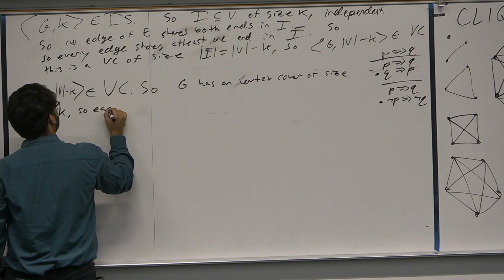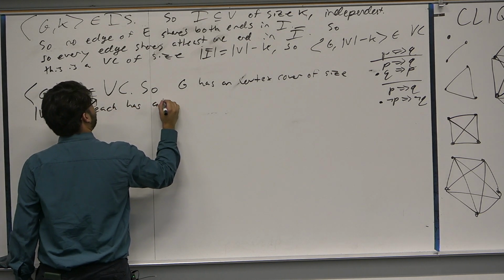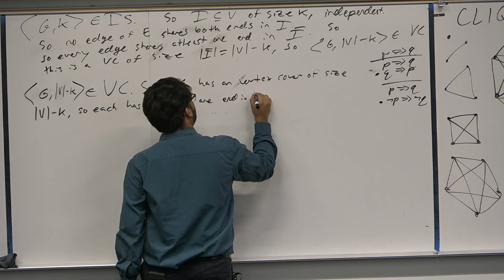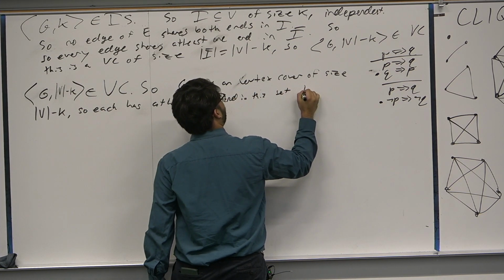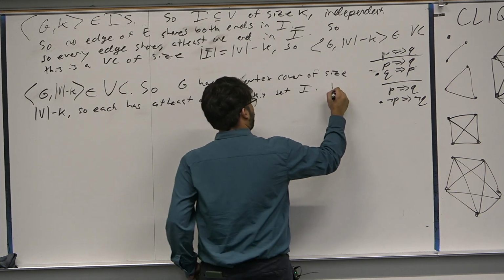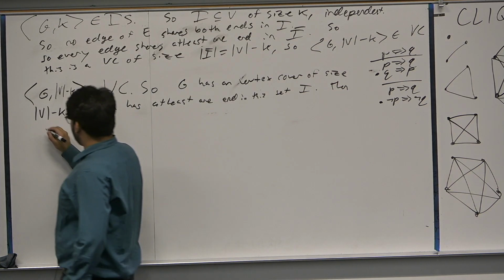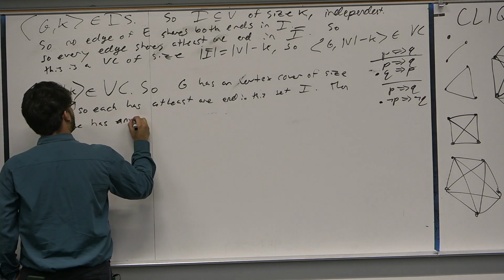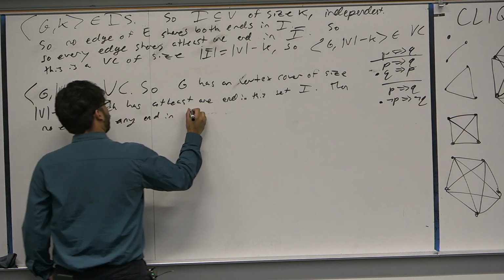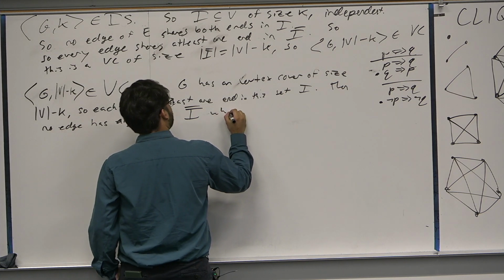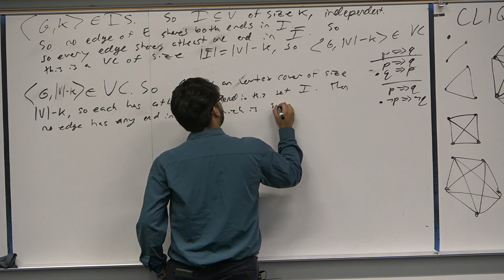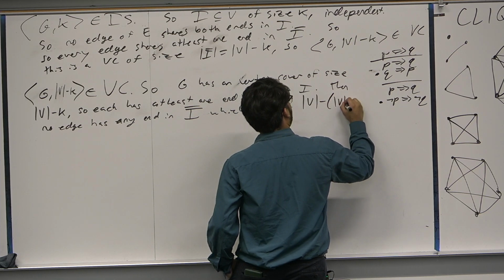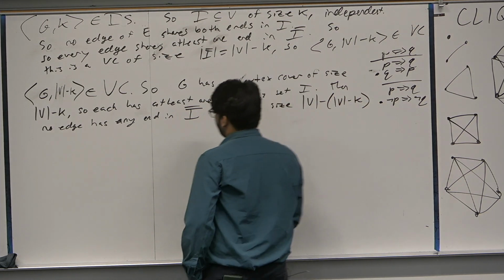So each edge has at least one end in this set I. Then no edge has any end in I complement, which is size cardinality of v minus cardinality of v minus k, which is just what?